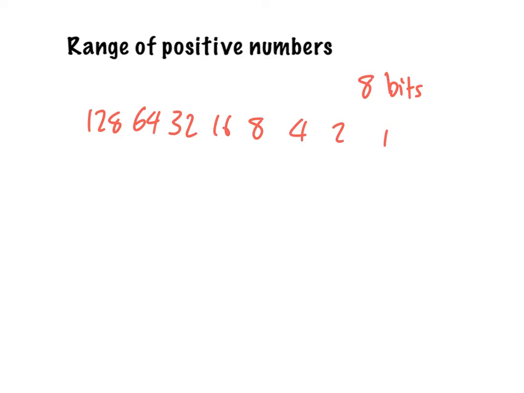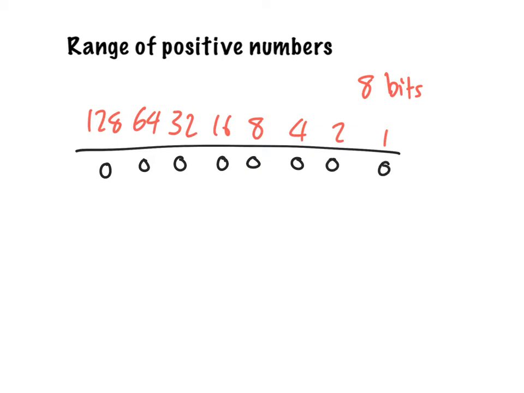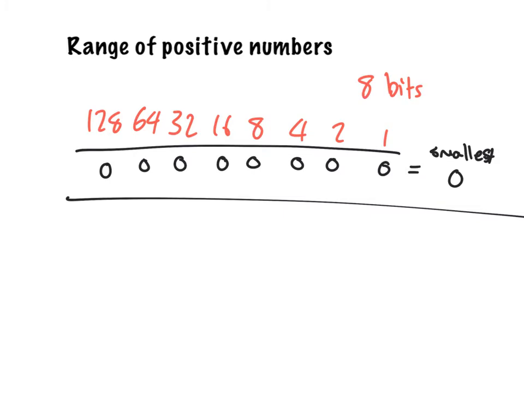So if I said, right, what's the smallest number that we can make using 8 bits? A lot of people say 1, but it's actually changing all of these to 0. So the smallest number that we can make using 8 bits is 0. What's the largest number? Well, if we've got the smallest number by making them all 0, we would get the largest number by making them all 1.